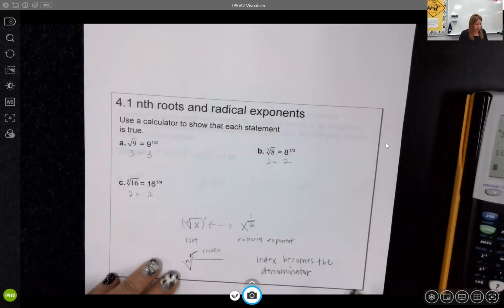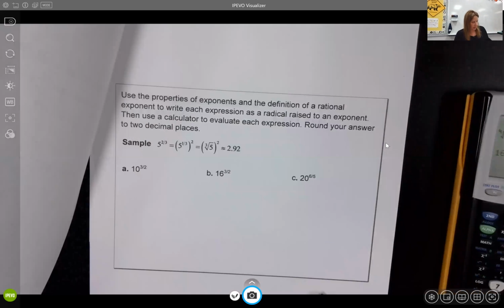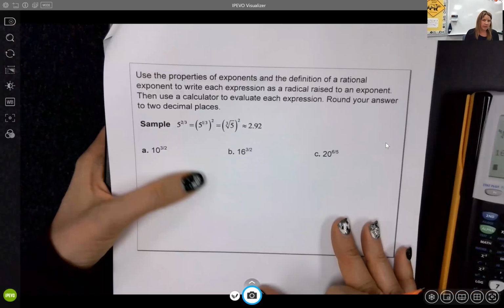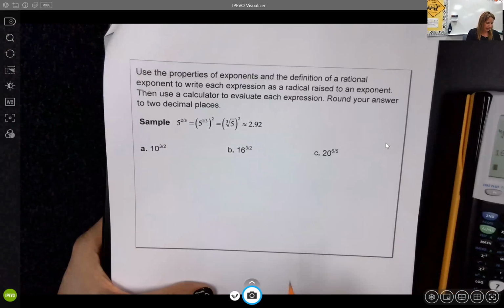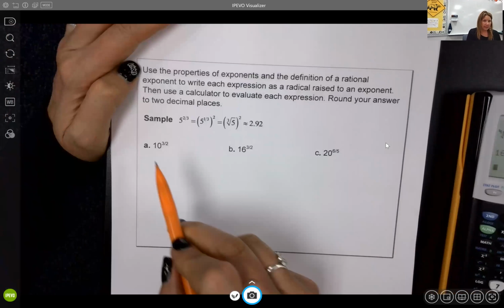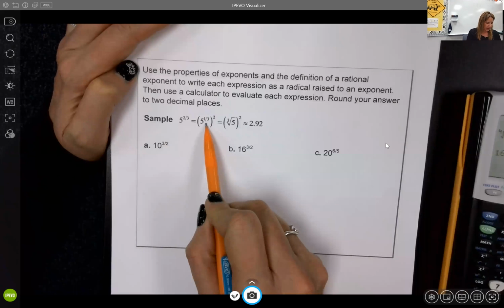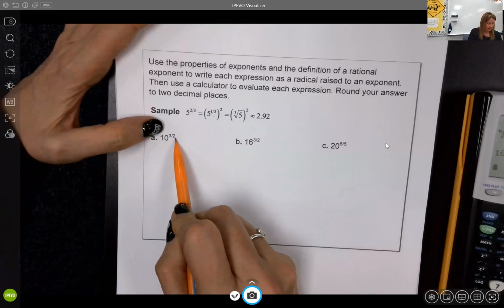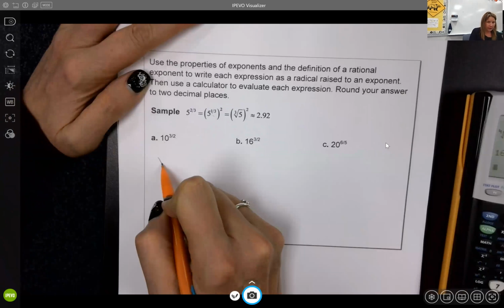Okay, so we're going to practice doing some of this. You did this in math too; we're just going to take it a little bit further here. This is telling us to evaluate like this. If I'm doing 10 to the 3/2, then I first write my radical.